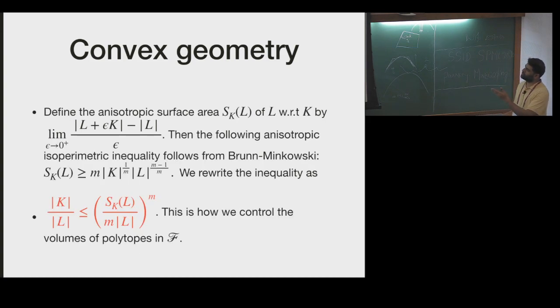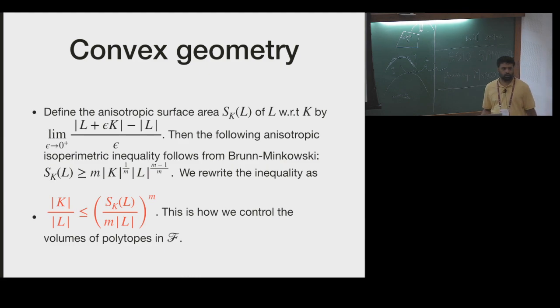We'll be using something closely related to this, called the anisotropic surface area. When you take the normal surface area of a convex set, what you normally do is add a small Euclidean ball and see how much the volume increases. Now we won't be adding Euclidean balls because we're interested in something different. We'll be adding polytopes. When you do that, you get this anisotropic surface area, where essentially you grow the convex set in different directions by different amounts.